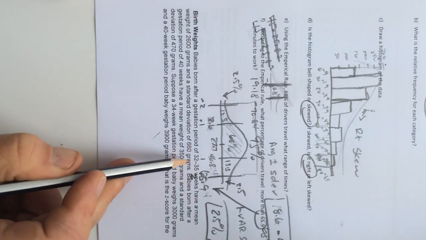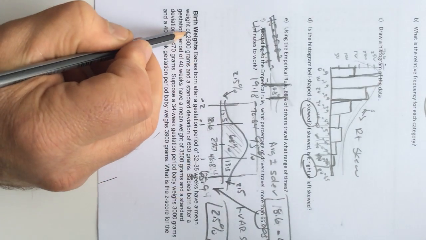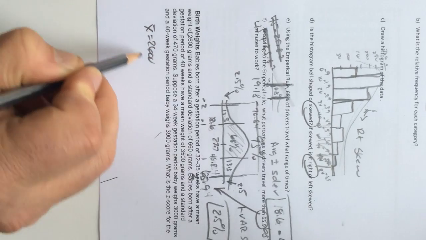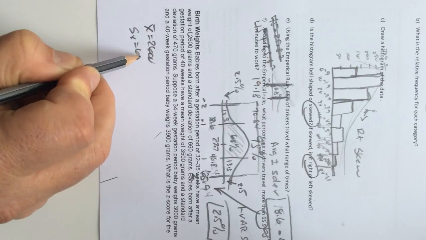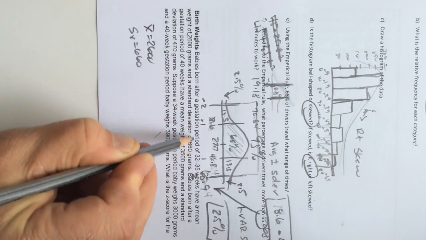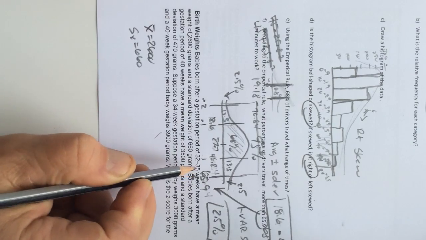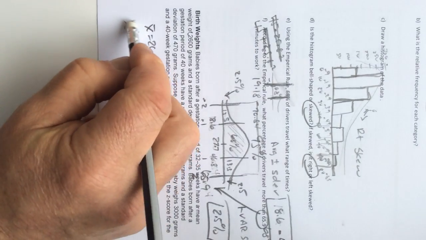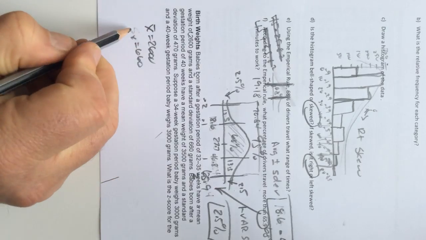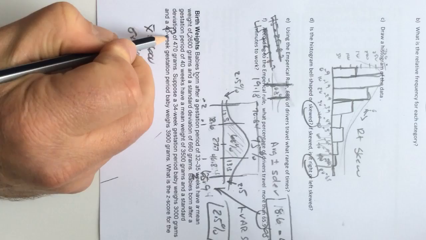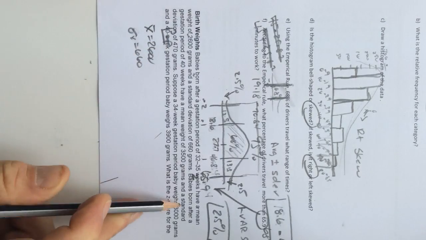Okay, babies are born with an average of this. So here's the average and a standard deviation of this. Now, it looks like to me they're talking about all babies, so this is probably the population one. It doesn't really matter since they're not going to have to calculate it, but that probably is the population, not a sample.